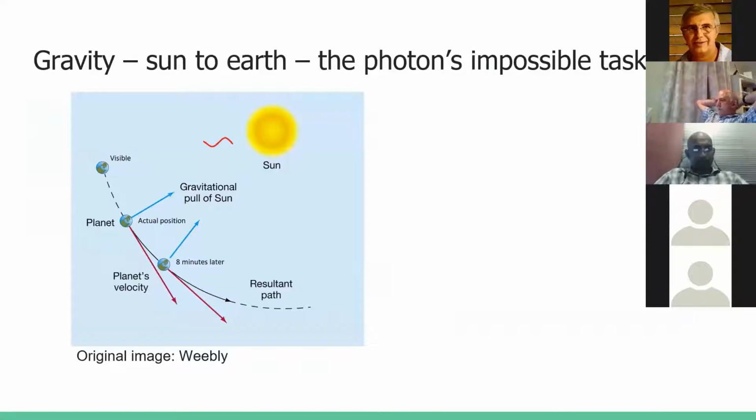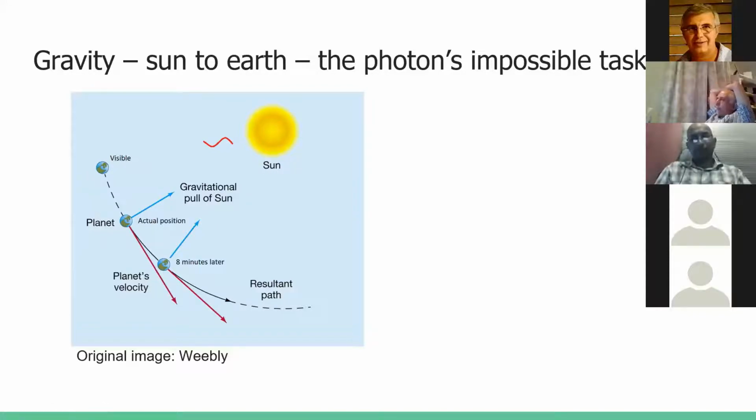Now we know that gravity moves at the speed of light, and some of you may have heard of a graviton. Let's try and enact gravity between, let's say, the sun and the earth. My mouse always gets lost, but first of all, you could be put into a suit.